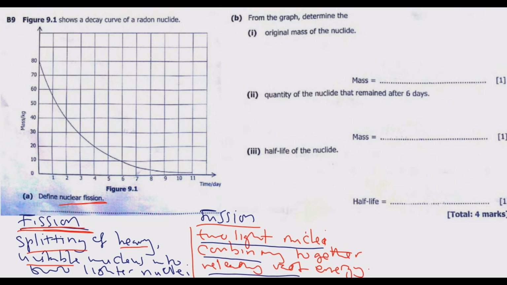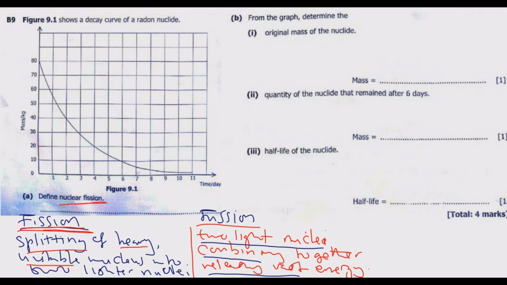So one is the splitting, which is the fission. The fusion is the combining of the 2. So please take care of these 2 differences. Make sure that you know these 2. Any of these 2 can come. So I just wanted to emphasize the difference.